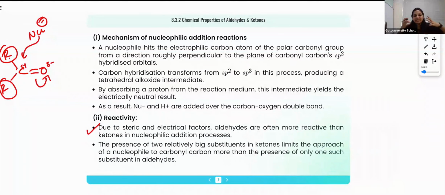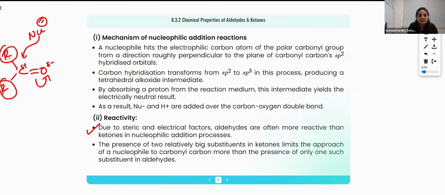That is called the steric factor. Steric hindrance, because if two bulky groups are there, the next incoming group will be repelled because there is no space. It is already crowded around the carbon atom. The groups already present on the carbon atom will repel the incoming group. That's why the ketones are less reactive.